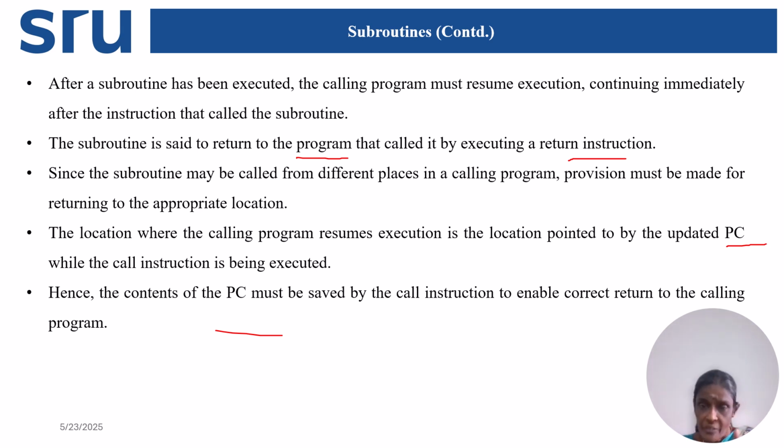Suppose for example the branch occurs at 2002, the address of the next instruction is 2003. Once it comes to 2002, it is under execution. Immediately the address of the next instruction, 2003, will be stored in the program counter while the call instruction is being executed.